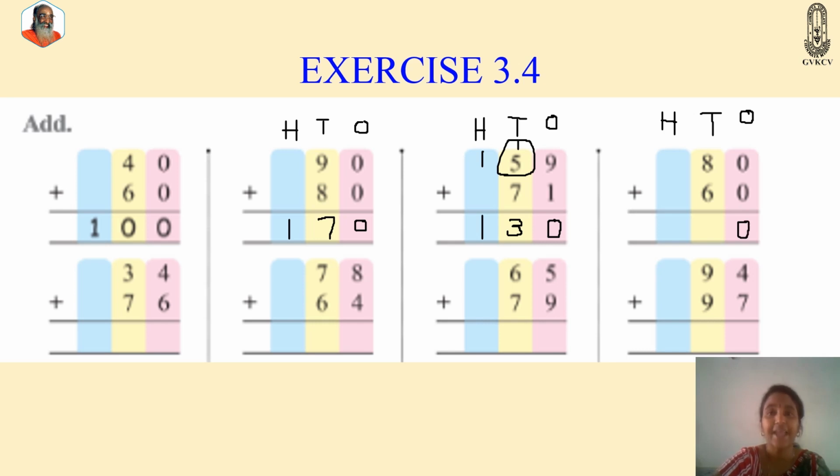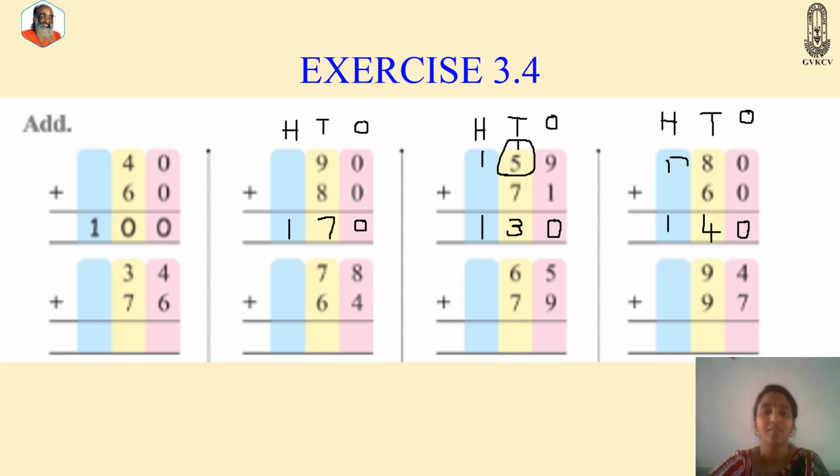Under tens, 8 plus 6: keep 8 in your mind, take 6 fingers. After 8 comes 9, 10, 11, 12, 13 and 14. So I am writing 4 in the tens place because 14 tens, and the 1 goes to hundreds. So 1 over here.